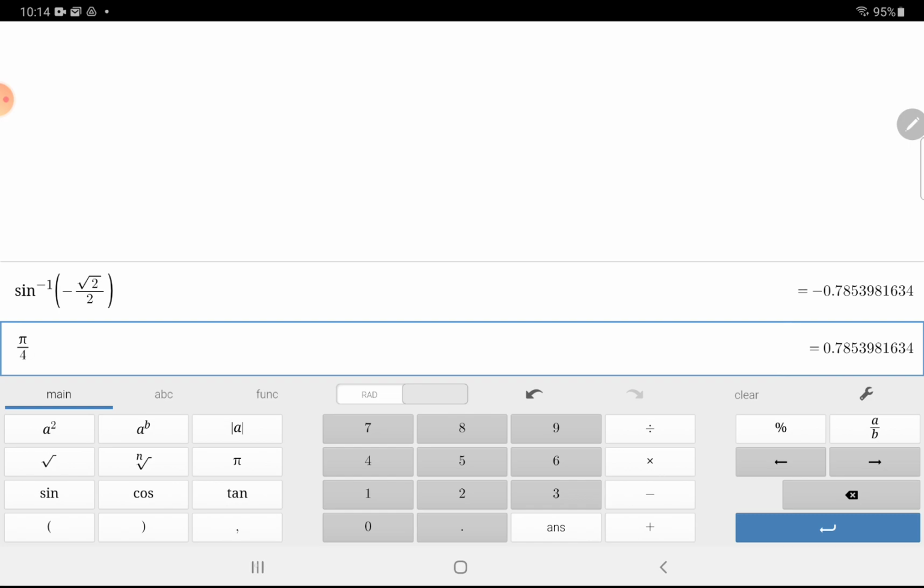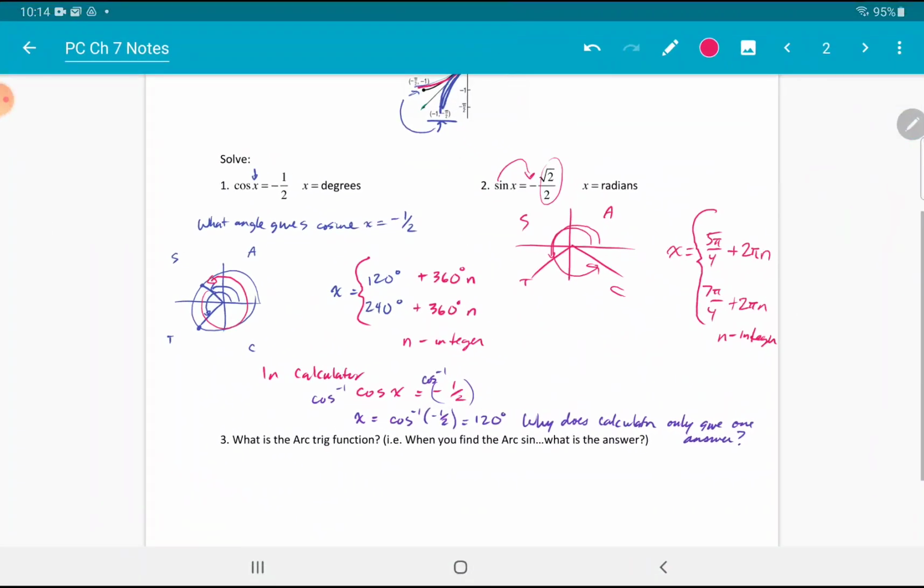Wait, let's go back. That doesn't even sound right at all. In our calculator, when we found that sine of x was equal to negative root 2 over 2, and then we took inverse sine of both sides, we ended up getting a value of negative pi over 4, or negative 45 degrees.